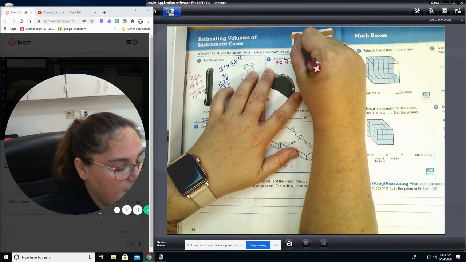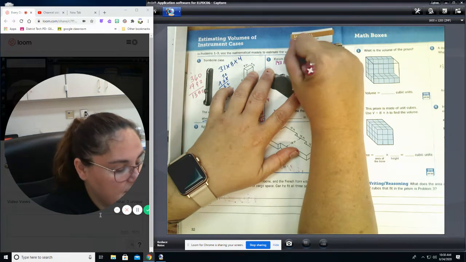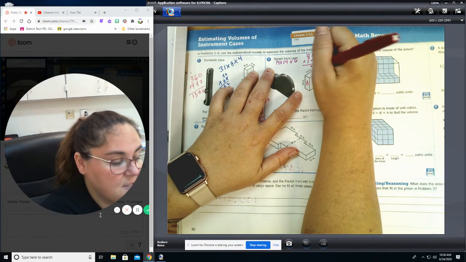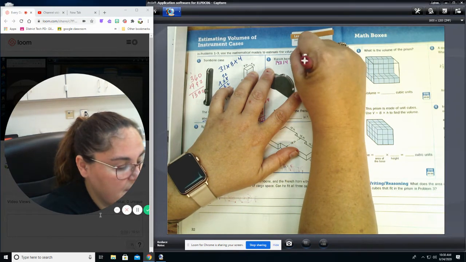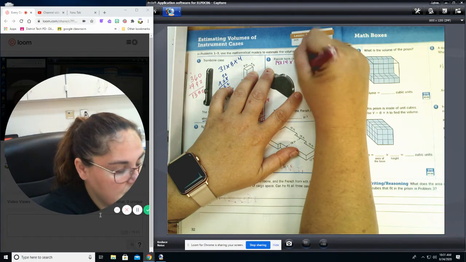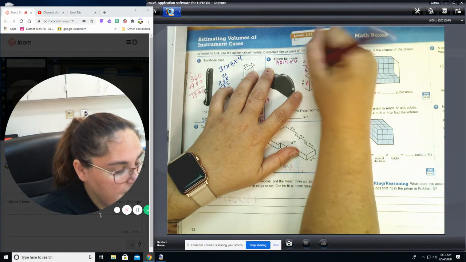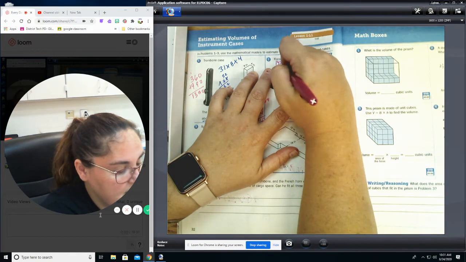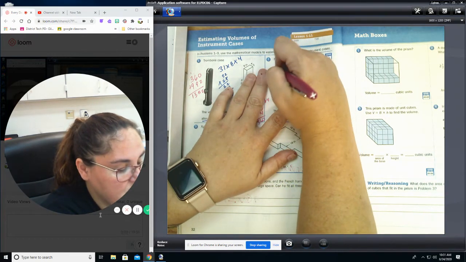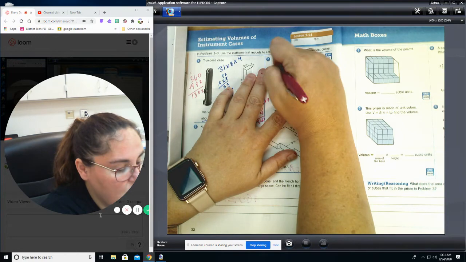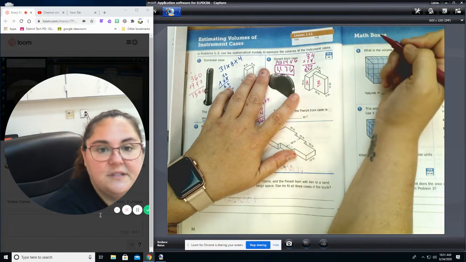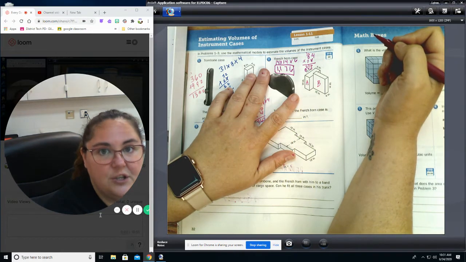And then I'm going to do 84 times 14. 4 times 4 is 16, carry my 1. 4 times 8 is 32, plus 1 is 33. X's and O's. 4, 8, 0 plus 6 is 6. 3 plus 4 is 7. 8 plus 3 is 11. So box A, part A, is 1,176 inches cubed.